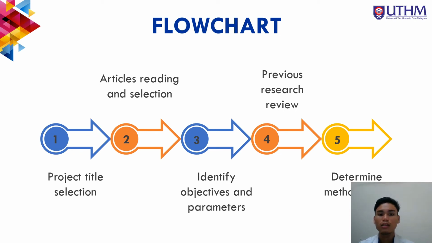The second is articles reading and selection, where we sort the articles that may be used in this research. The third is to identify the objectives and the parameters, to clearly guide the research program. The fourth is the previous research review. With the previous research review, we can construct a procedure or guidelines for this research.